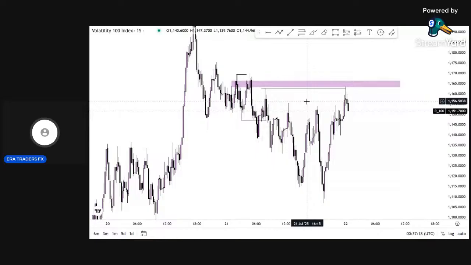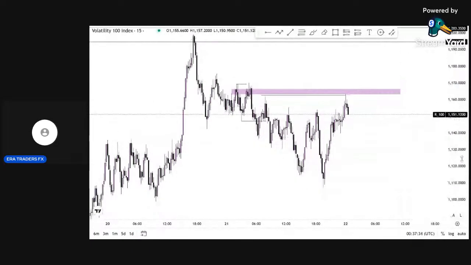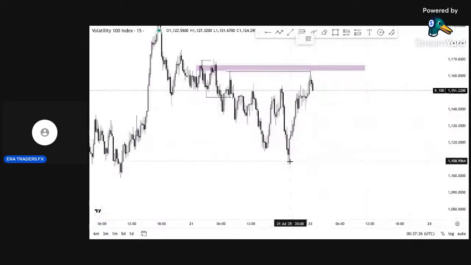You can start selling all the way. So the actual stop loss, you're risking over $9 to get like $84. So that's that. And our first target will be this.